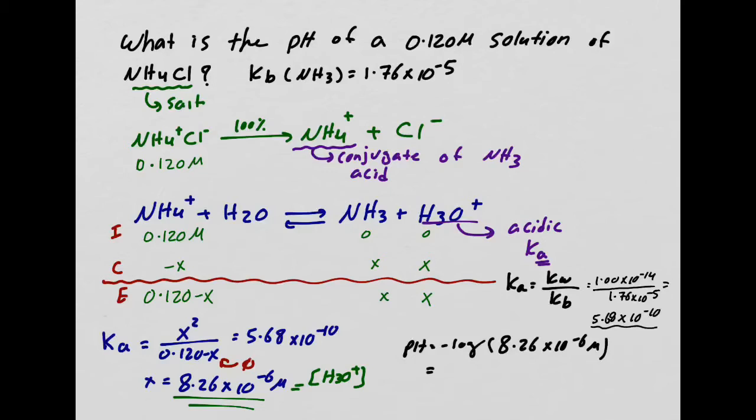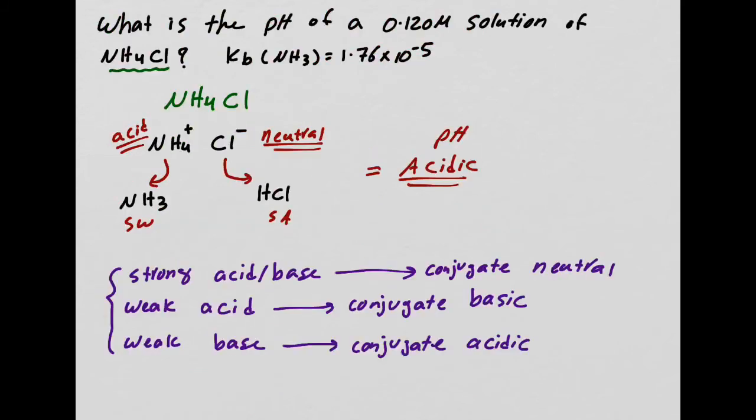Okay, so when I do that, what I end up getting for pH is 5.083. Is that an acidic pH or basic pH? That is an acidic pH. Is that what we predicted? Oh yeah, that's what we predicted. We got this down.